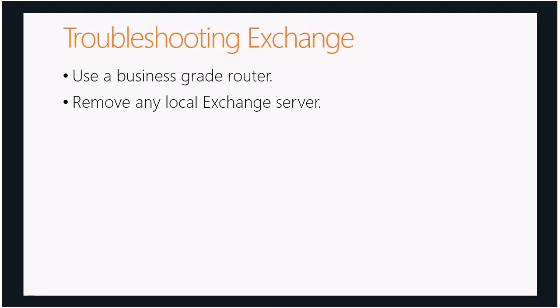Another very common issue is people leaving the local Exchange server in place. They leave it up and running even after they've migrated the server, thinking that they can roll back if there are issues. So the Exchange server typically sits in the environment, and the local clients are probably still looking for the local Exchange server in preference to the one in Office 365.